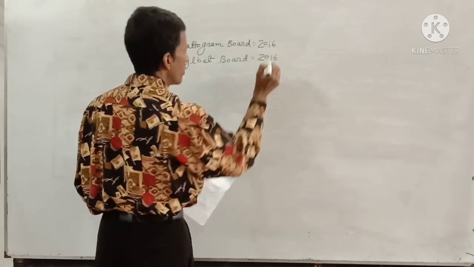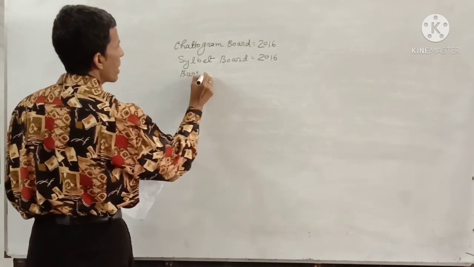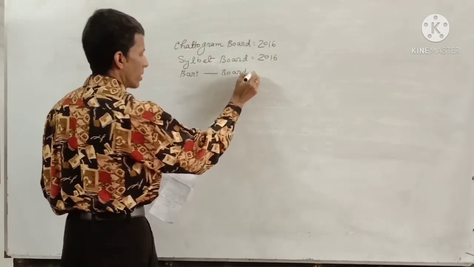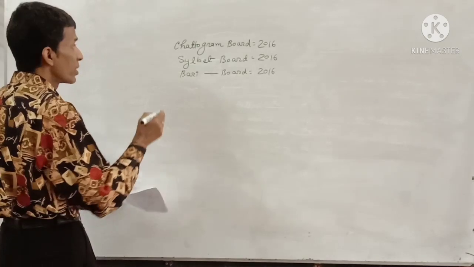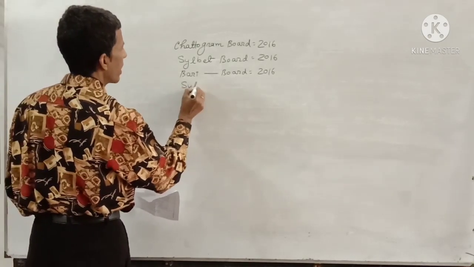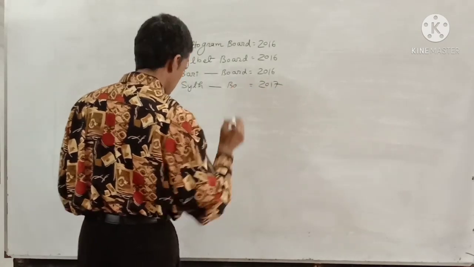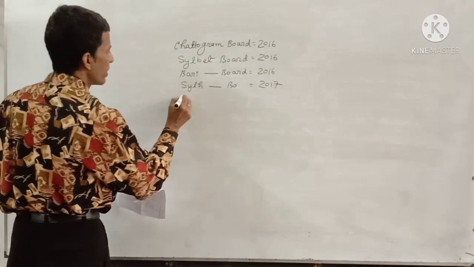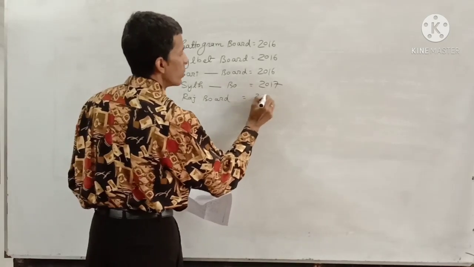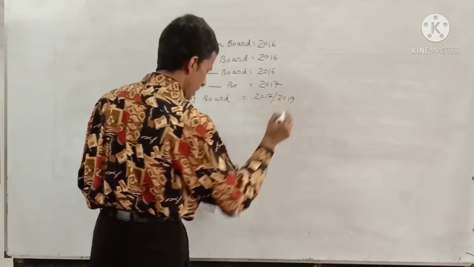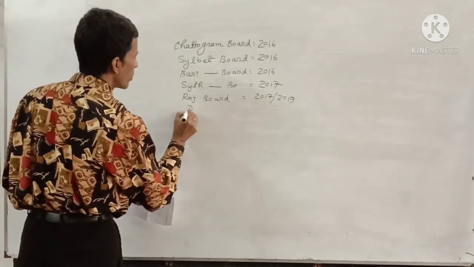Barishal Board 2016. Sylhet 2017. Sylhet Board 2017. Rajshahi Board 2017 and 2019. Kumilla Board 2019. Dinajpur Board 2017.